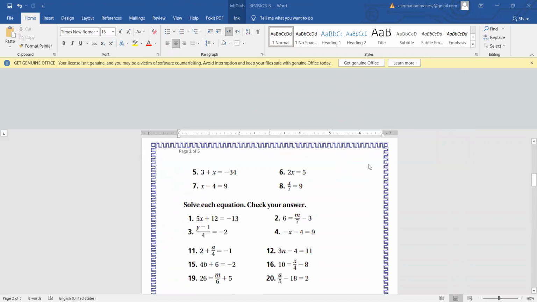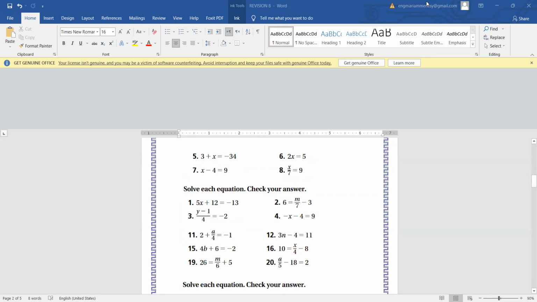How can I solve number 5? How can I solve it, my dear? We will look at both sides, the side which contains the variable. I have 3 plus x equals negative 34. This is 3. Its sign is positive. Then add the negative sign. Then x equals negative 34 minus 3.